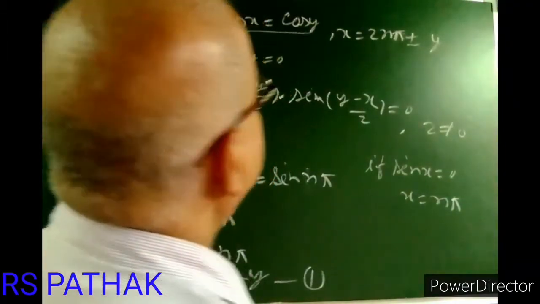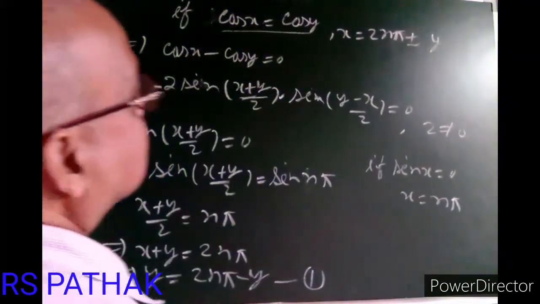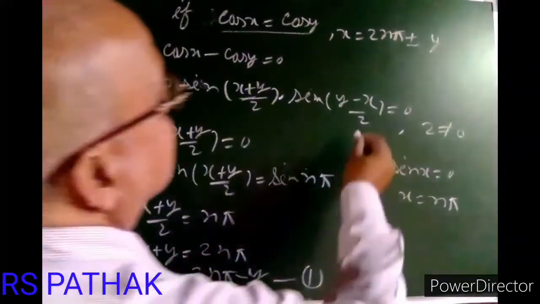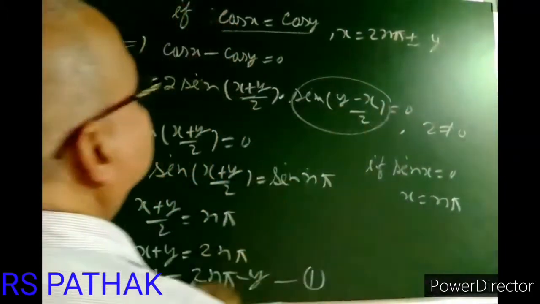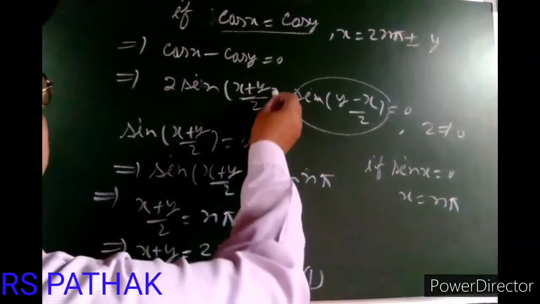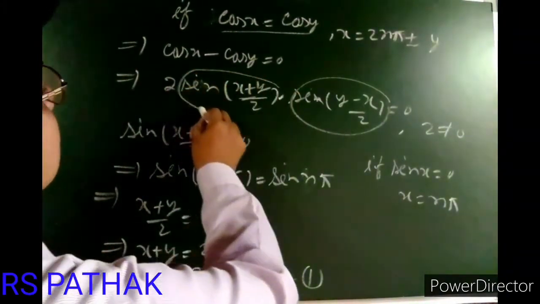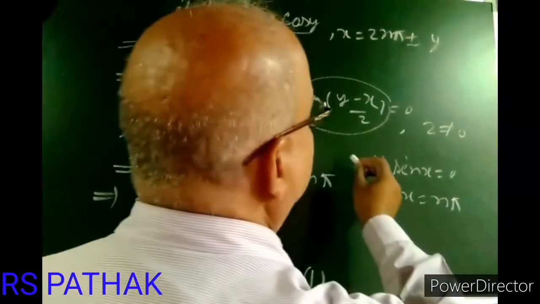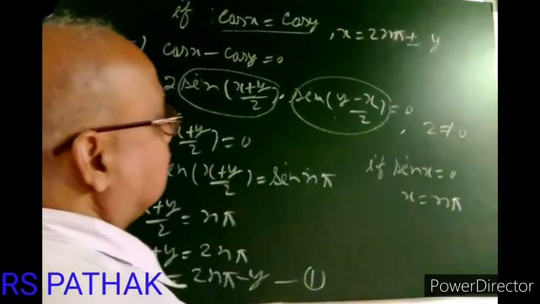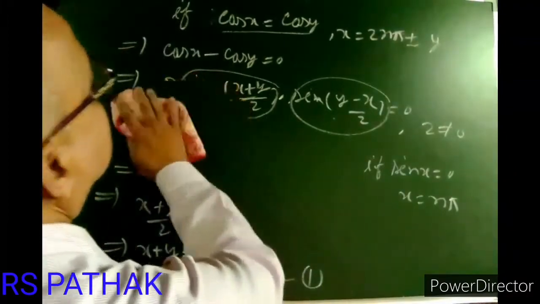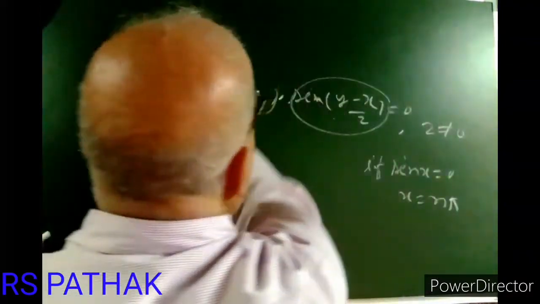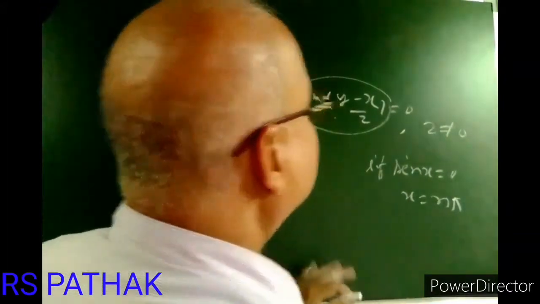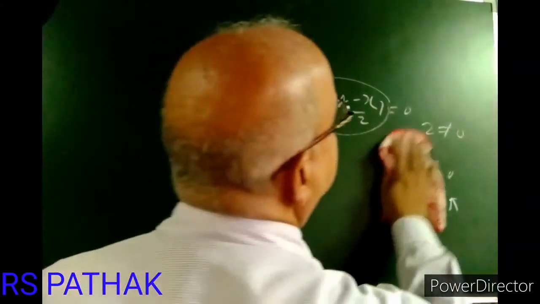Now I am taking this equal to 0. First of all, I have taken this equal to 0. Value is this. Now I am going to take this value. I have rubbed because this is unnecessary.